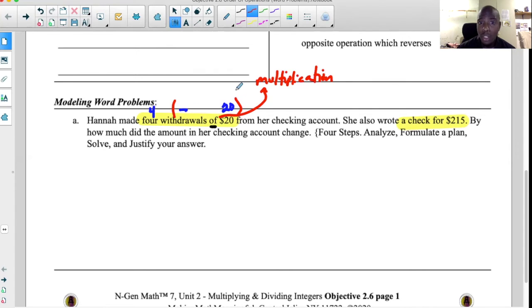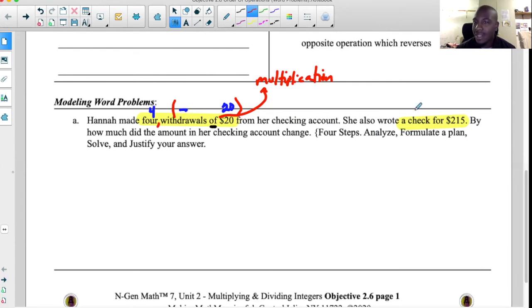Now, notice how I put those parentheses. I didn't put them only around the 20. I put them around the negative. Why? Because that's withdrawals of negative 20, right? This really should be a comma here, if it were English. But for us to annotate, I want you to see that withdrawals of 20 means there's a negative 20 that's coming out 4 times from her account.